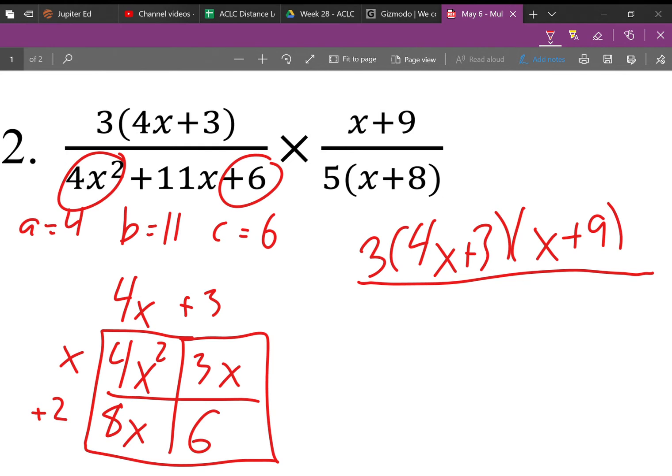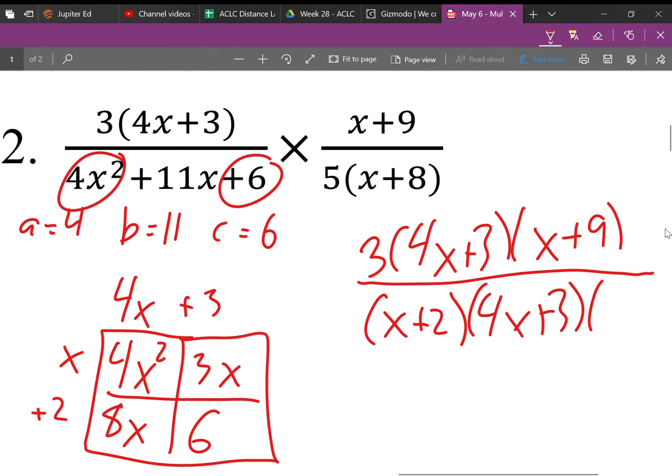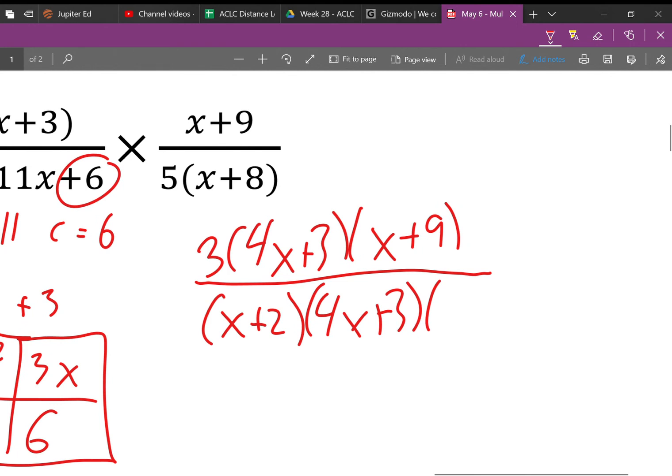On the bottom, remember the factored form replaces the original form, so I don't have that 4x squared anymore. What I have instead is x plus 2 times 4x plus 3, and then I have this. Now I'm going to move that 5 to the front, so let's go ahead and do that now. Move the 5 to the front and leave the x plus 8 back here.